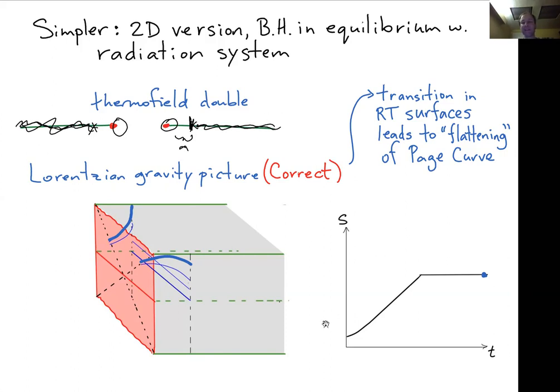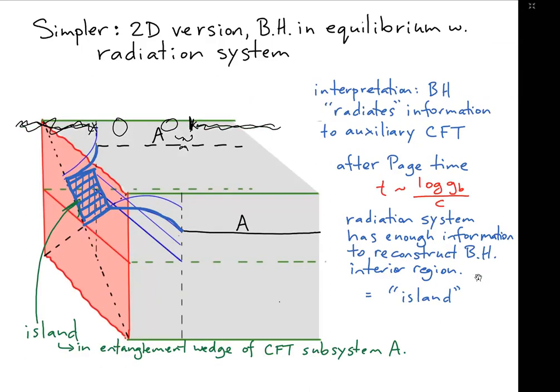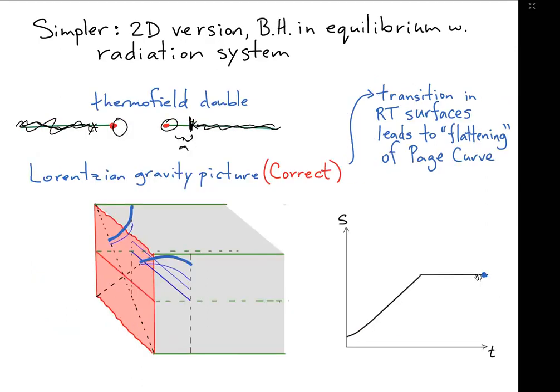But the naive picture shows that entanglement increases forever, while in the corrected picture, if you use the right RT surface, then it eventually stops increasing and flattens.